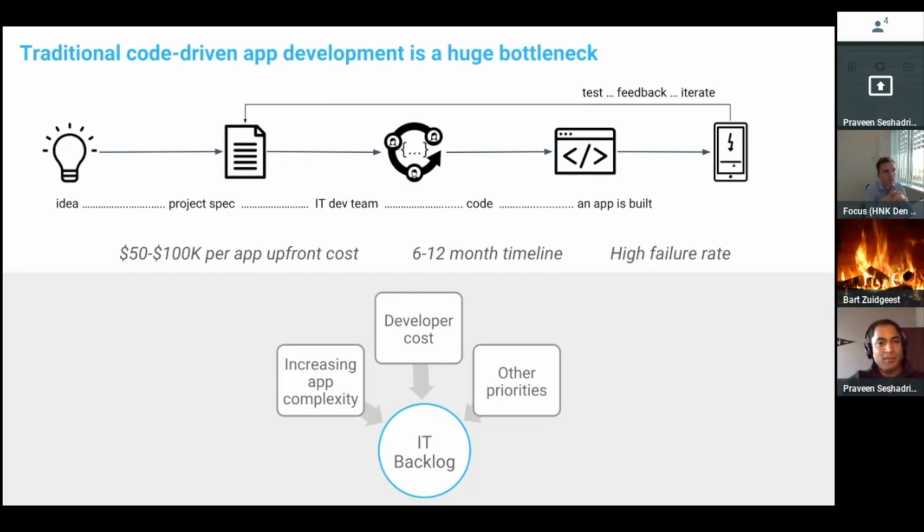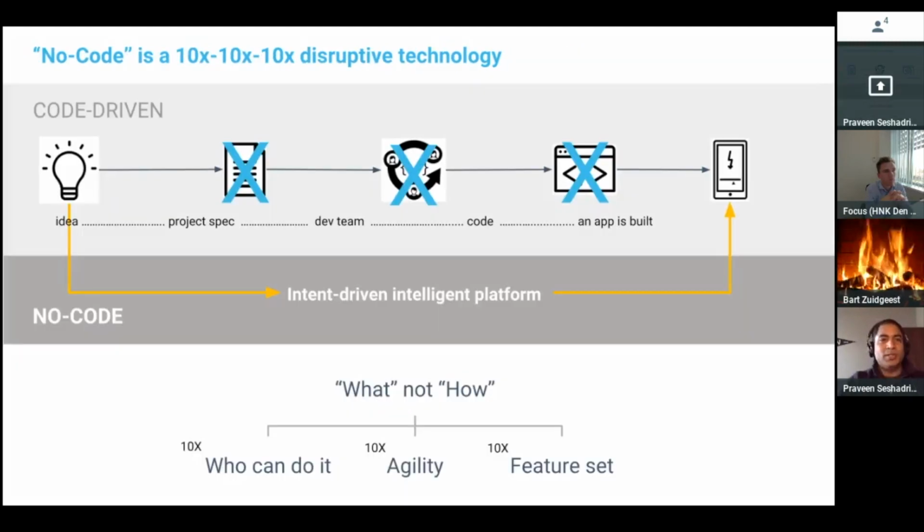That's a traditional problem. But what we're trying to do with AppSheet, and in general with a no-code platform, is bypass all those steps. So you go from the idea, and you have an intelligent platform that can try to understand this idea, described at a really high level by the person who's got the idea, and an app gets automatically created. Then you can iterate on that really fast.